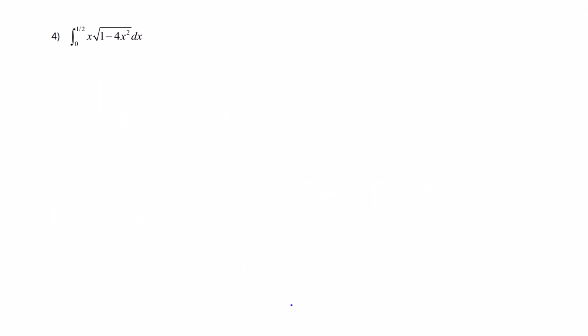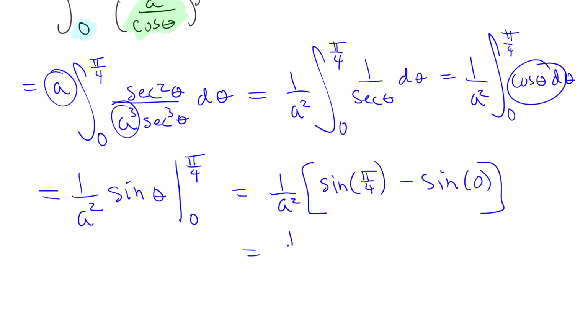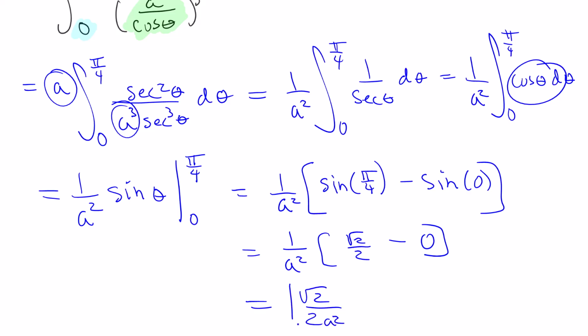Those are values we know from our basic trigonometry. Let's plug it all in. This is 1 over a squared times sine of pi over 4, which is square root of 2 over 2. Sine of 0 is 0. So it's 1 over a squared times square root of 2 over 2, which is also known as the square root of 2 over 2a squared. And we can finish right there.